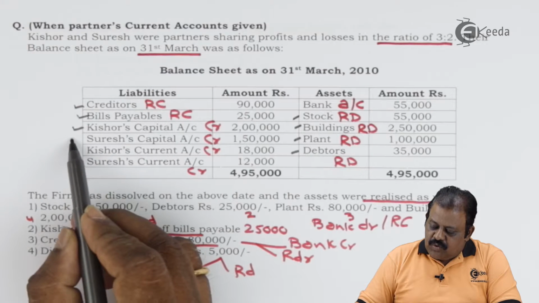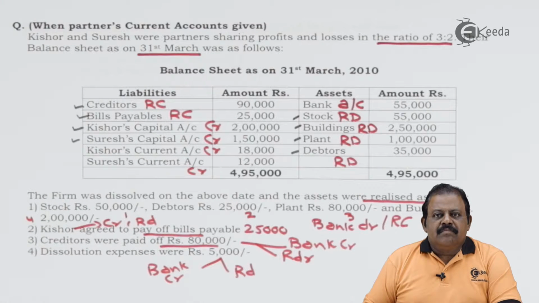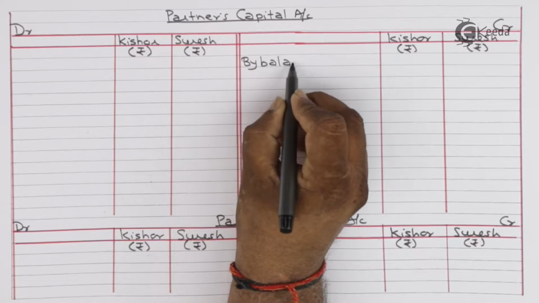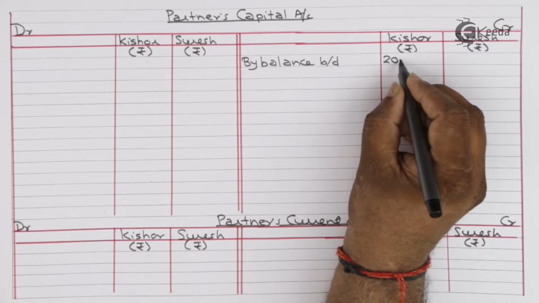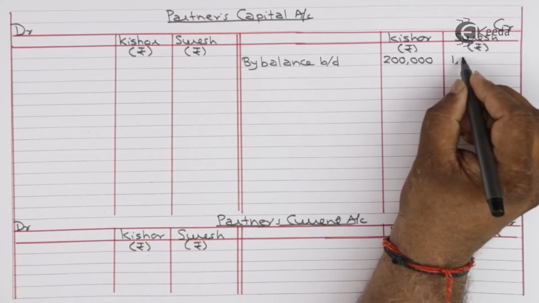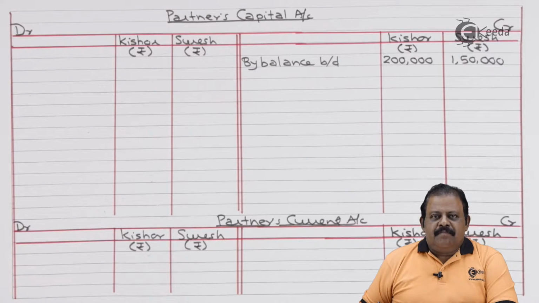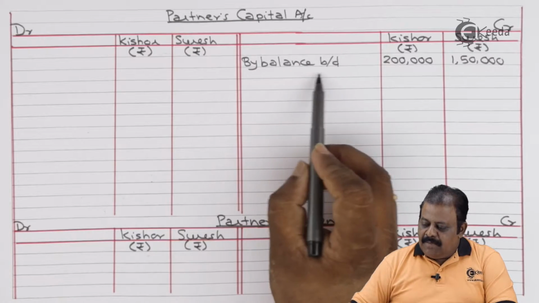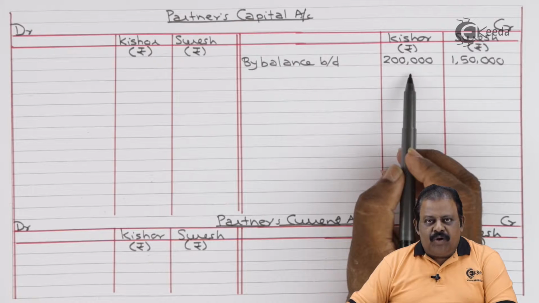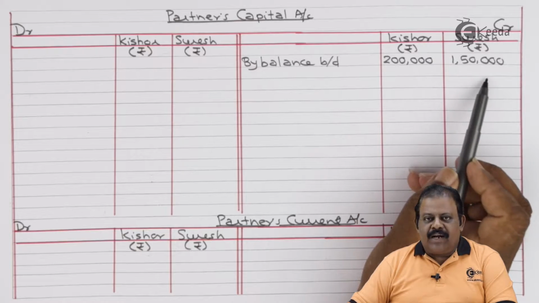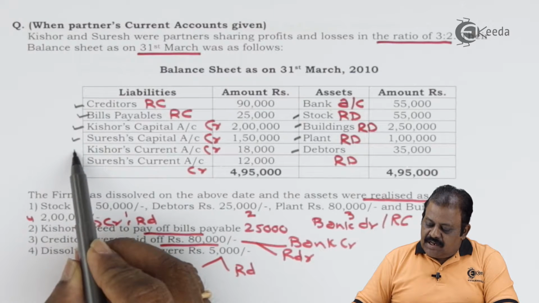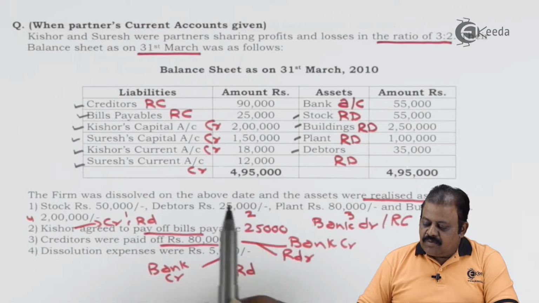Kishore's capital, Suresh capital, this will be transferred to their respective capital accounts. Partners capital account credit side, by balance brought down, Kishore 2 lakhs, Suresh 1,50,000. Next, Kishore's current account, Suresh current account.